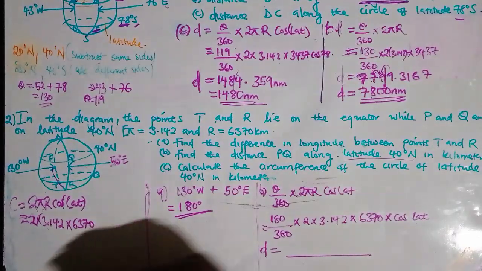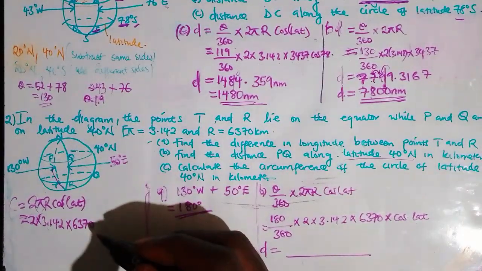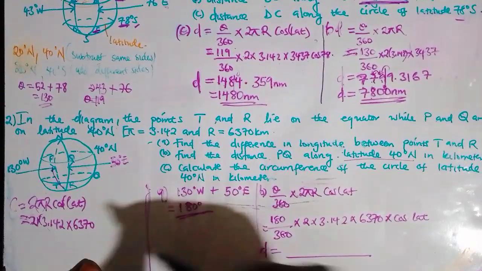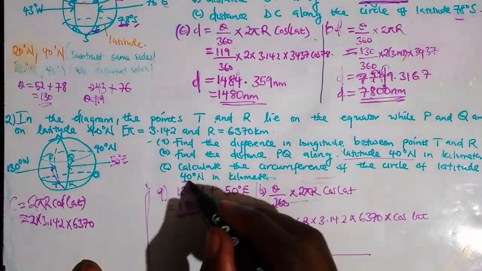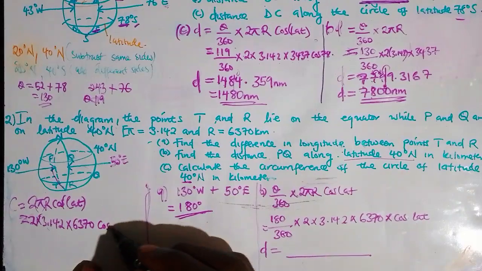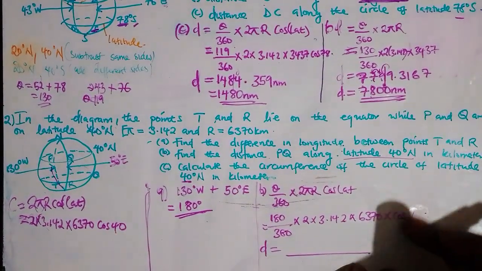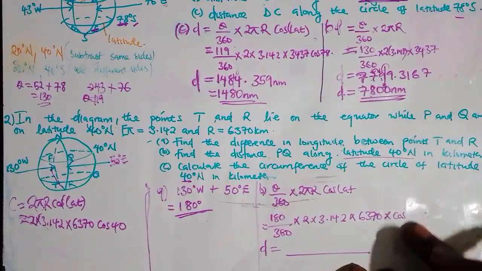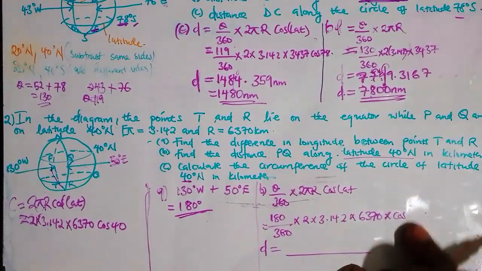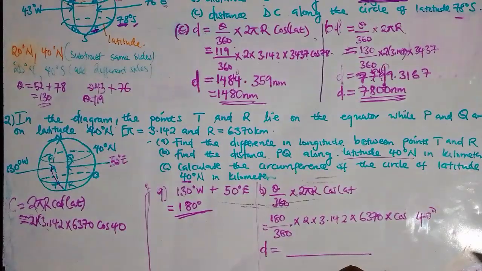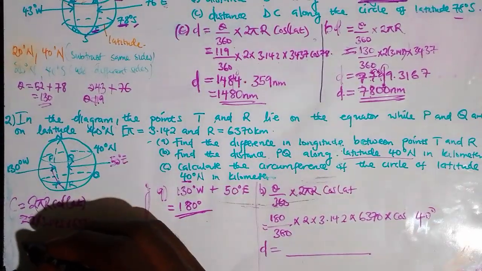Then what is our cos? Our cos latitude is what? Where it is 40. So here we say cos 40 degrees. Yeah. So even this one here you can just punch.